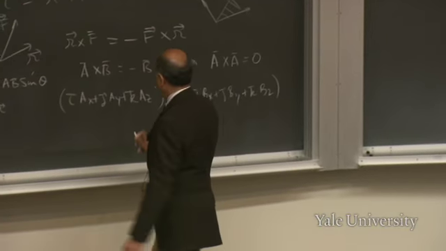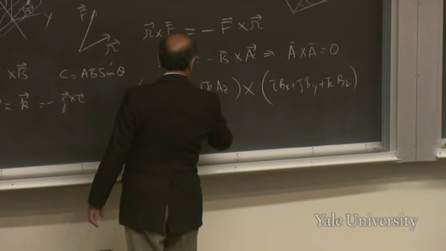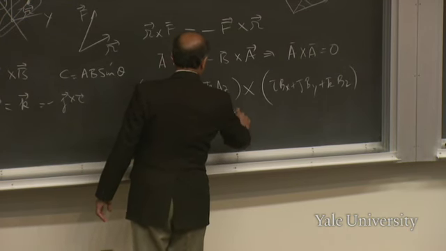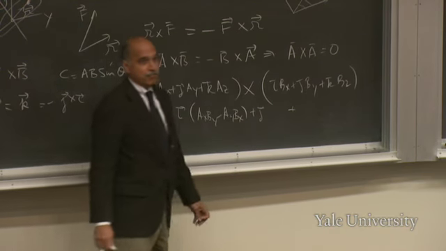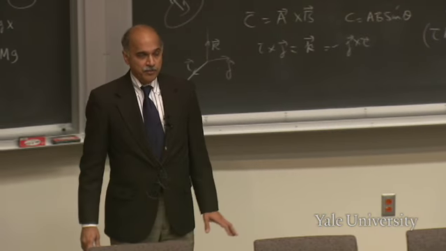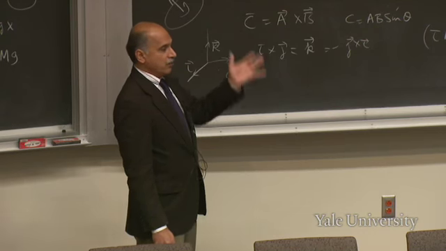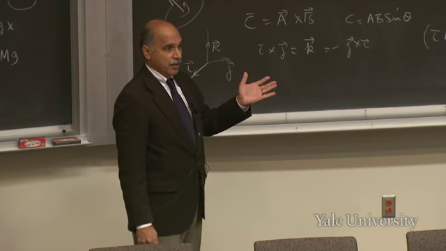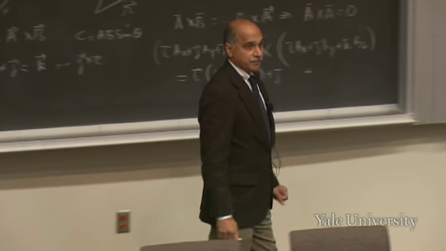You put them all together. I won't do this now. It will look like i times (AX BY minus AY BX) plus j times something and k times something. I don't need this, so I'm not going to dwell on this. It's good enough for our purposes to know the cross product can be visualized as the vector perpendicular to the two vectors forming the product and of length equal to length of A, length of B, sine of the angle between them.